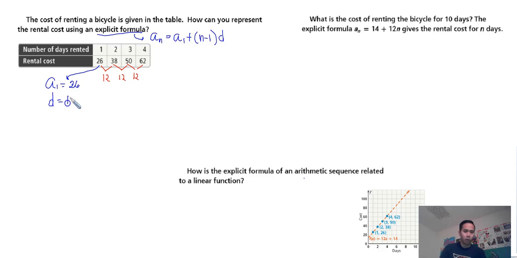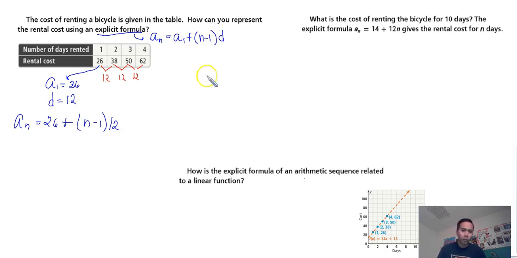So our d in this example will be 12. Now we are going to rewrite this as an explicit formula. So a sub n is equal to a1, which is 26, plus n minus 1 times the common difference d, which is 12.